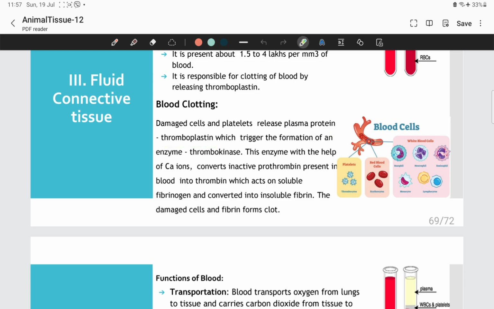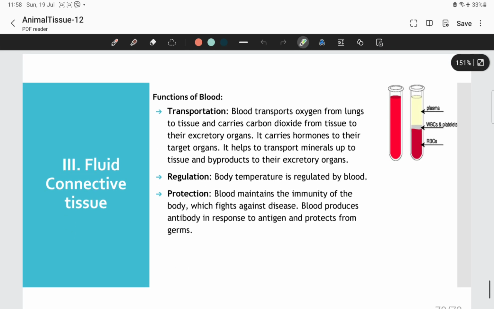This thromboplastin triggers the formation of an enzyme known as thrombokinase, and this enzyme, with the help of calcium ions present in the blood, converts inactive prothrombin into thrombin, which acts on the protein known as fibrinogen present in the plasma, converting it into insoluble fibrin. This insoluble fibrin and the damaged cells collectively form the solid structure and help in clotting the blood.